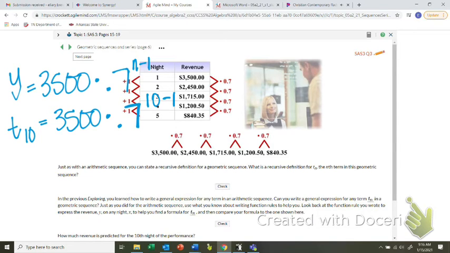Well, we still have to simplify, though. What is 10 minus 1? 9. All right, so now we've got T10 equals 3,500 times 0.7 to the 9th power. Type that in your calculator.